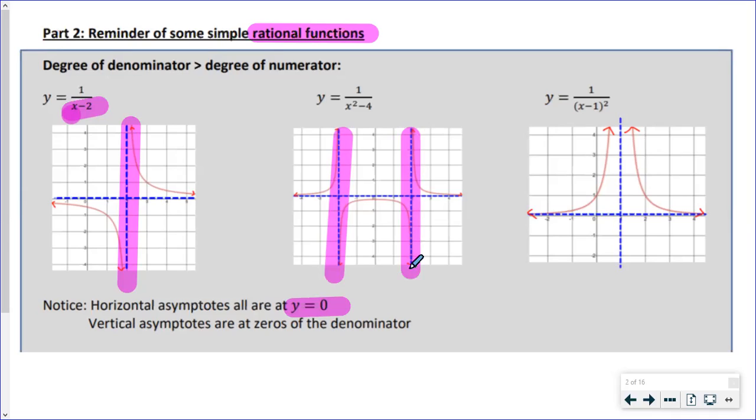So we're going to look at some examples of that. And of course, when x minus 1 squared cannot be equal to 0, that means you will have a vertical asymptote at x equal to positive 1.